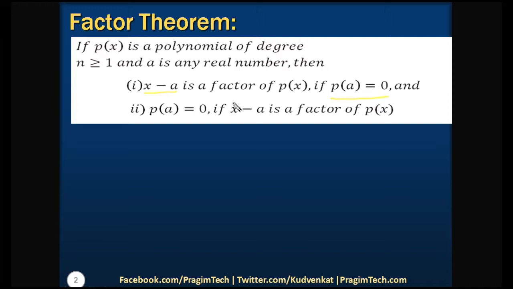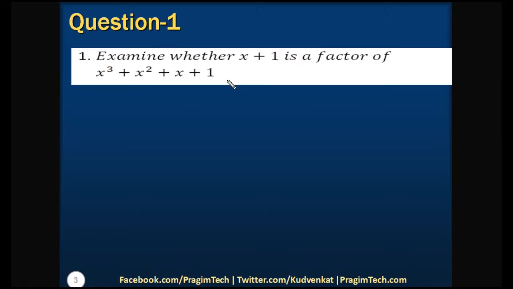Let us understand this factor theorem statement by considering simple examples. Question number 1. Examine whether x plus 1 is a factor of x cube plus x square plus x plus 1. So in order to find out whether the given binomial is a factor or not, let us find out the polynomial value.